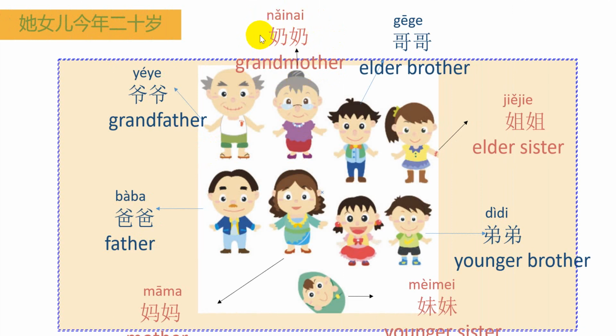Grandmother, 奶奶. Elder brother, 哥哥. Elder sister, 姐姐. Younger brother, 弟弟. Younger sister, 妹妹. Mother, 妈妈, and father, 爸爸.